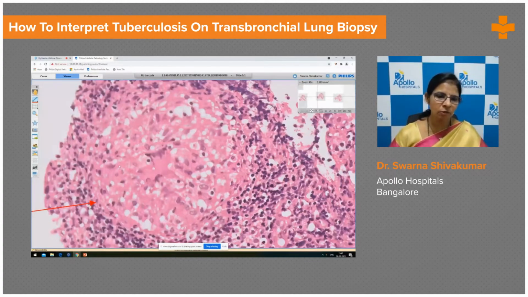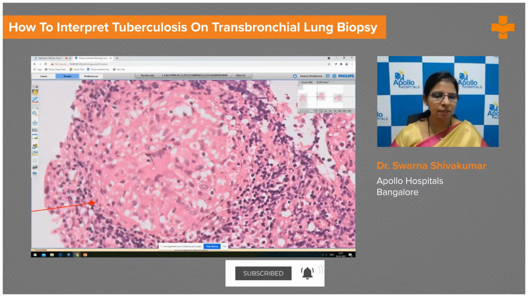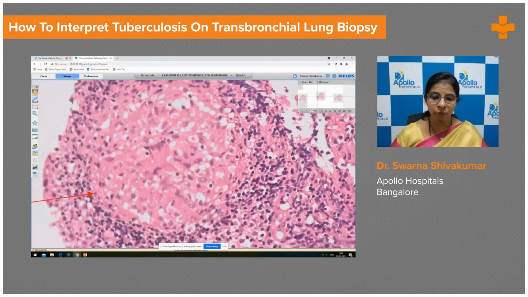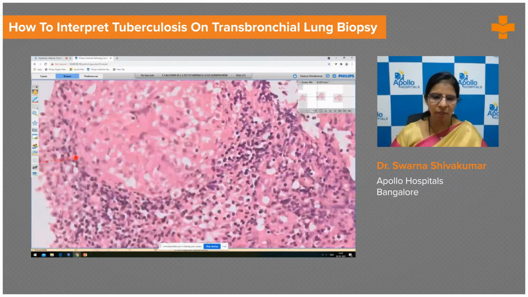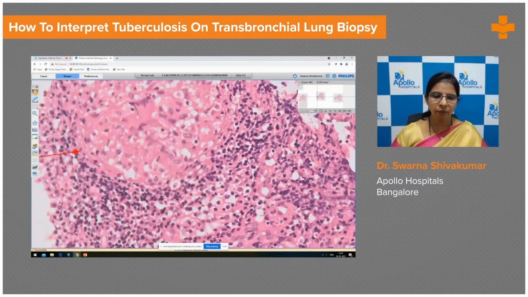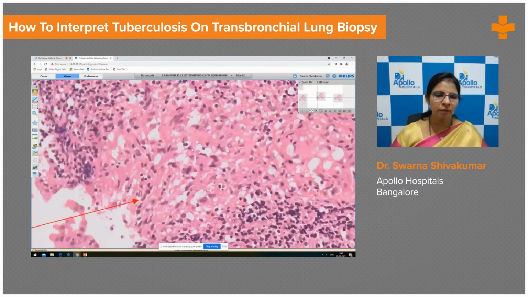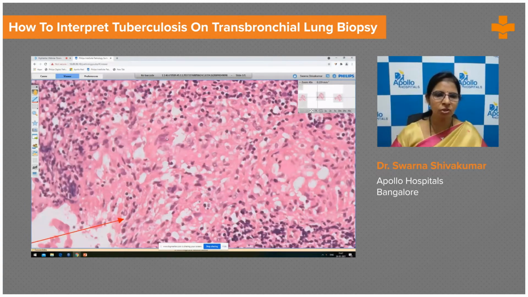This granuloma shows aggregates of epithelioid histiocytes with a Langerhans type giant cell. Compared to the previous case, these granulomas are rimmed by plenty of lymphocytes in the background. Here is one more granuloma. Again, it shows similar histology with a Langerhans type of giant cell.